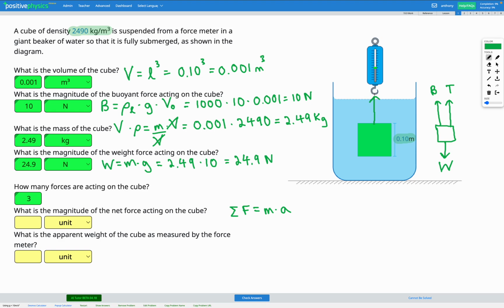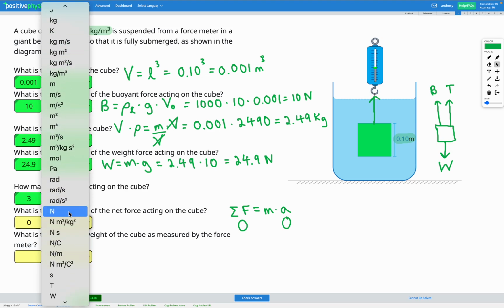Now in this question, our cube is just suspended in the water. It's not moving at all, it's stationary. So our acceleration in this question is going to be 0. That means that our net force must also be 0 because we're not moving anywhere. So we've got a net force of 0 newtons.